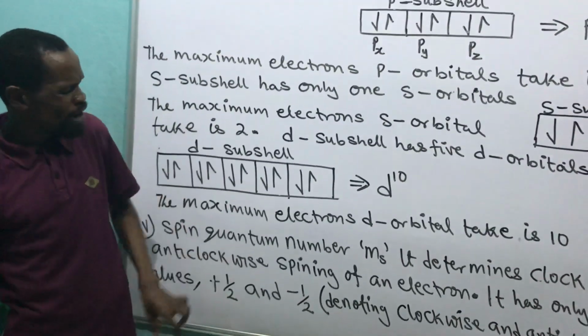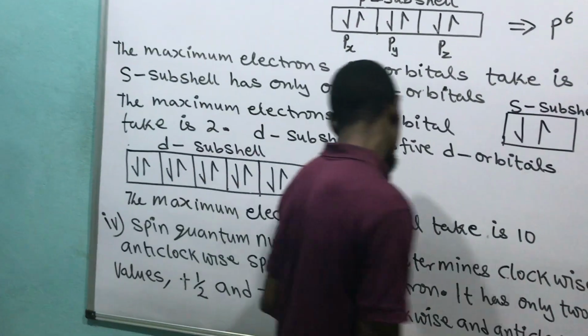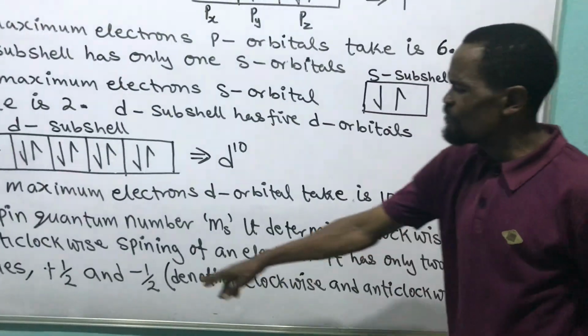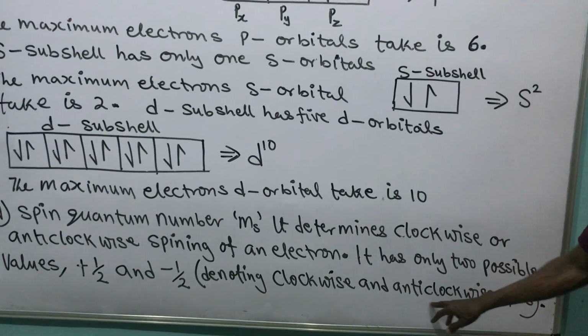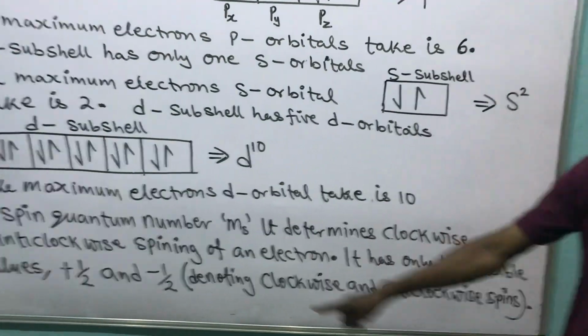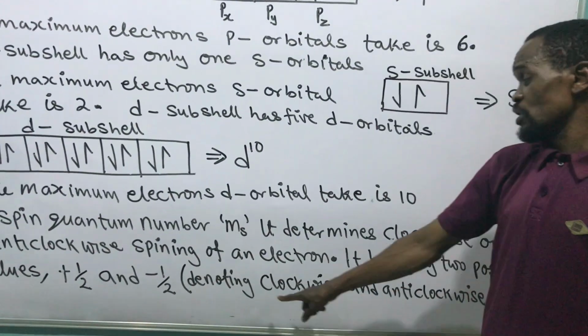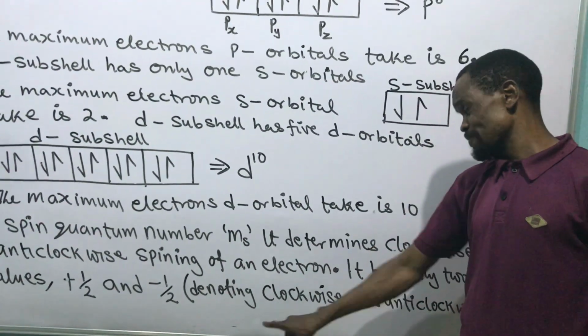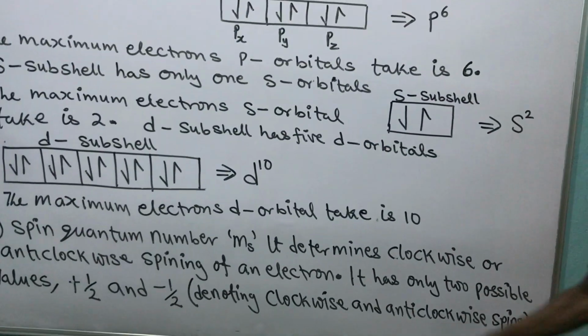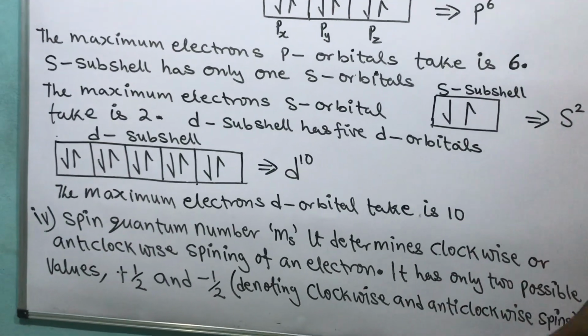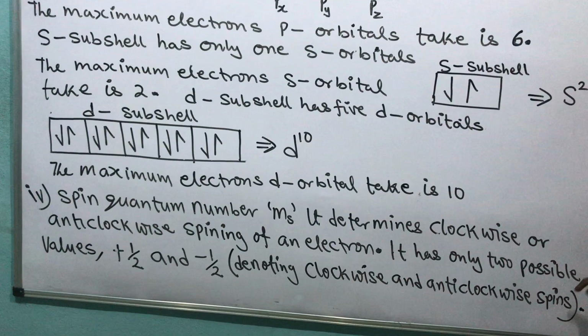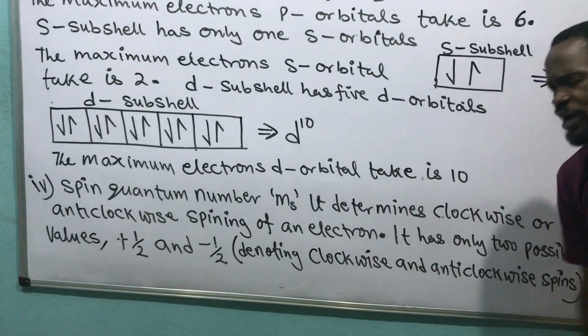And this positive 1/2 denotes clockwise, and the negative 1/2 denotes anti-clockwise spinning. So these are the true values it takes.